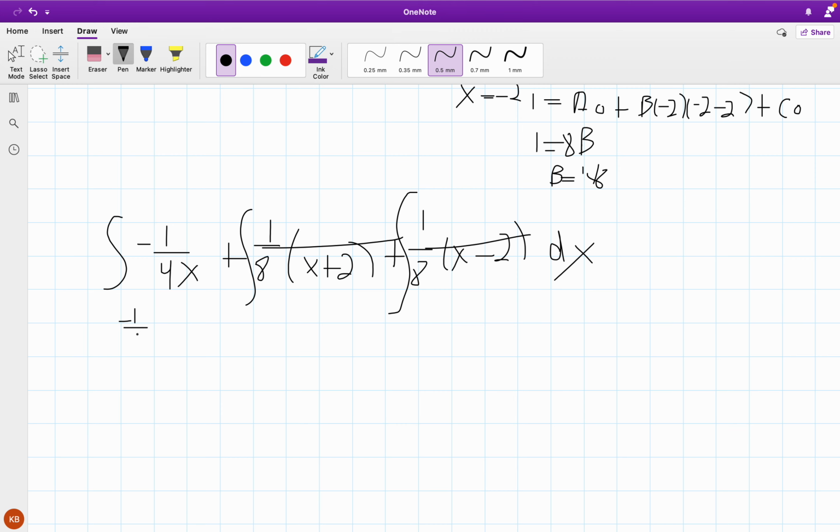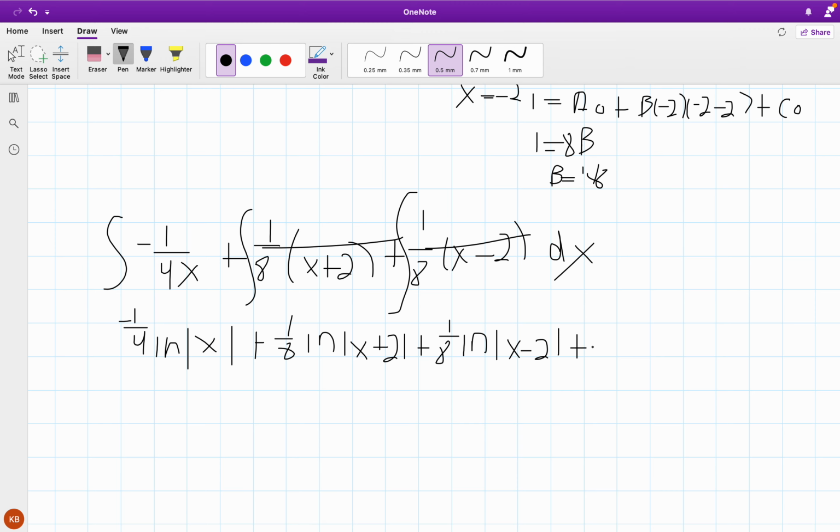So it would be negative 1 over 4 ln of the absolute value of x, plus 1 over 8 ln of x plus 2, plus 1 over 8 the natural log of x minus 2. We're going to input our constant of integration, and this will be our final answer.